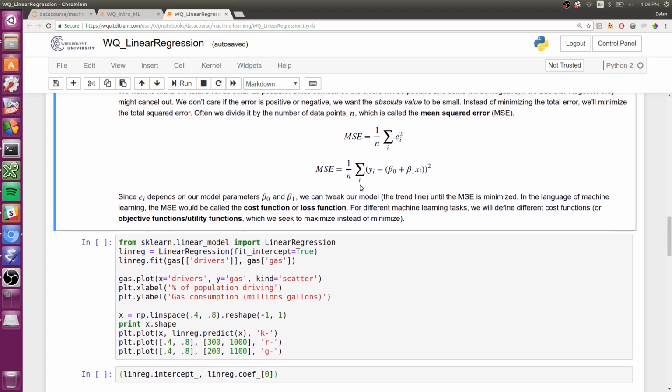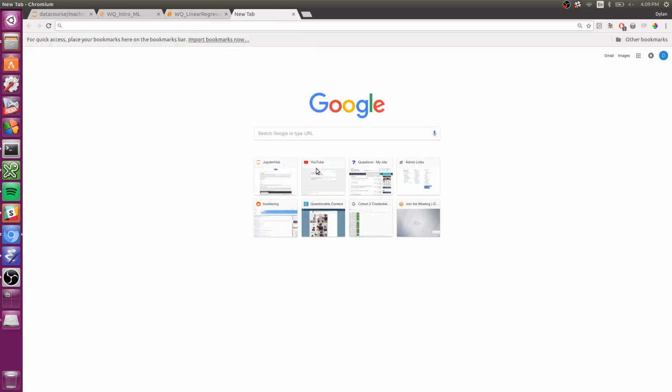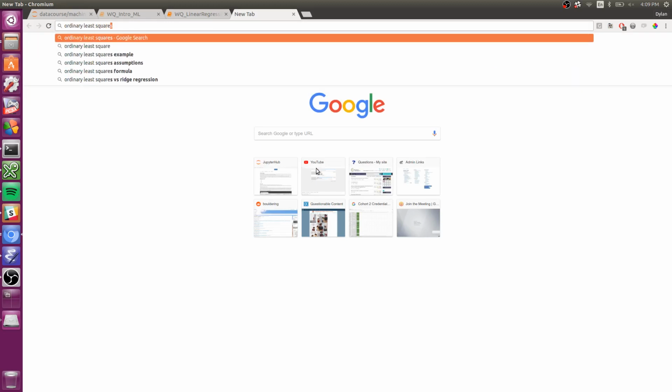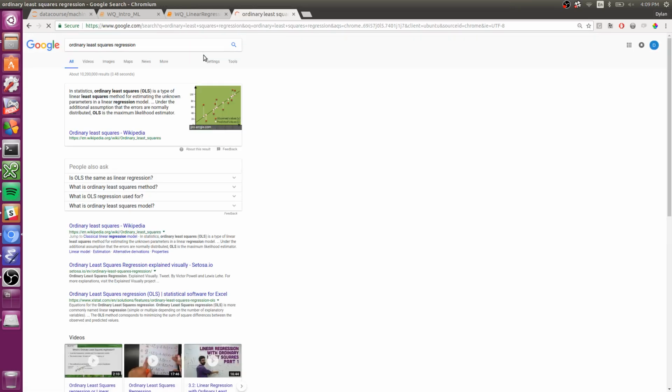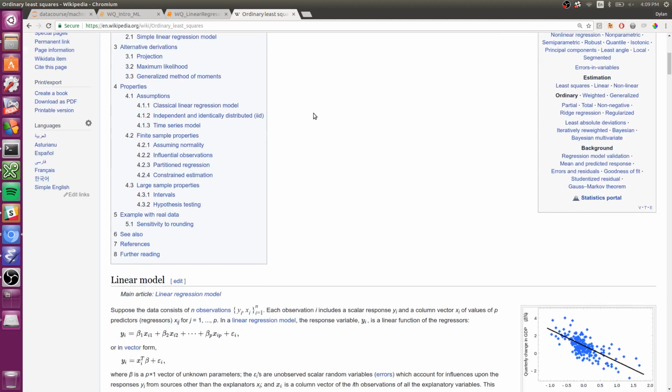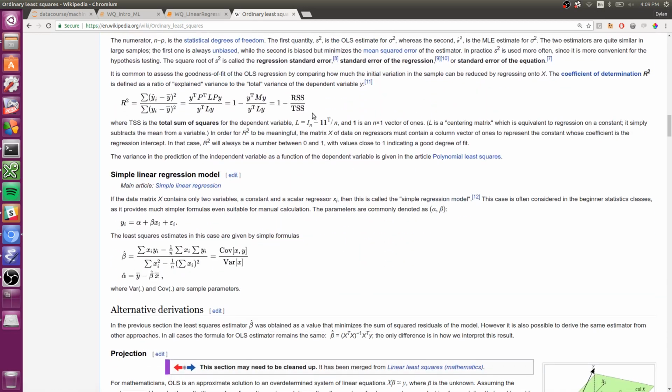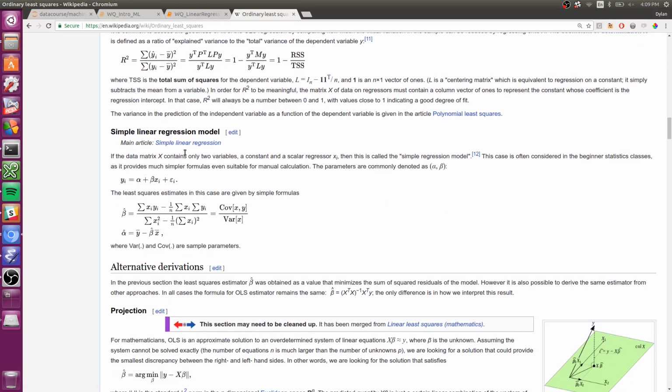So, in the case of linear regression, there is actually an analytical solution for what values of beta naught and beta 1 minimize this mean squared error. And if you Google ordinary least squares regression, there's a Wikipedia article on ordinary least squares, which, let's see, here we go, simple linear regression.